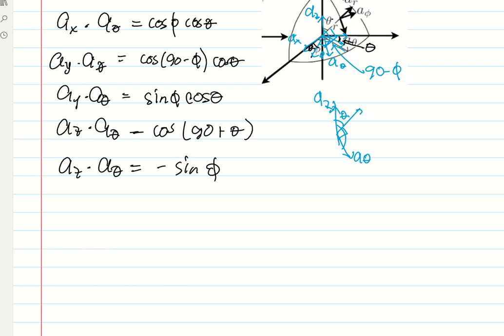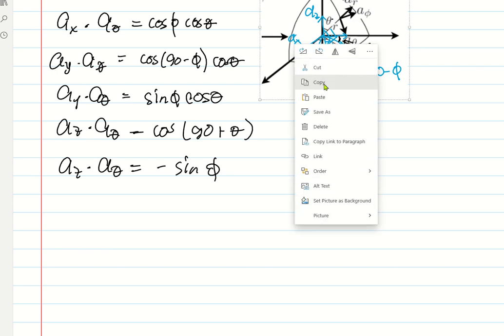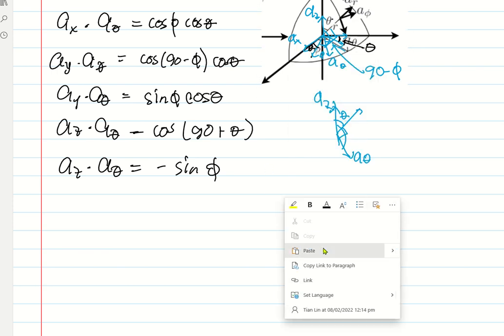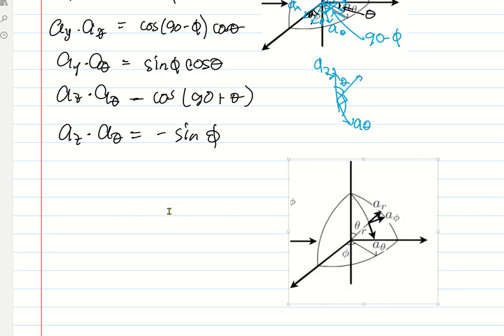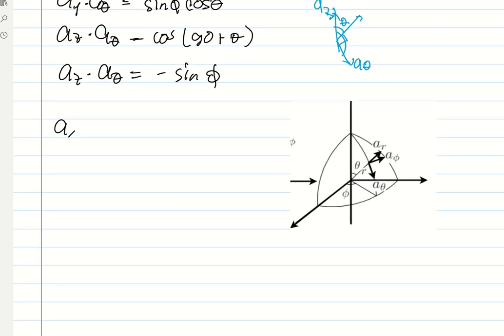Then lastly, for a phi, ax dot a phi. Our a phi is in this direction, the same a phi as before in the cylindrical coordinates.